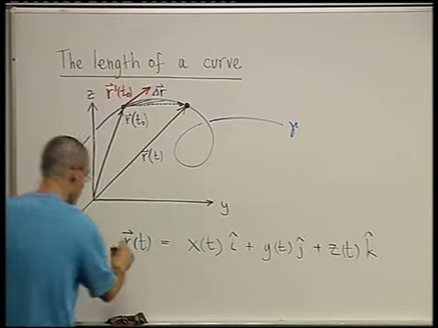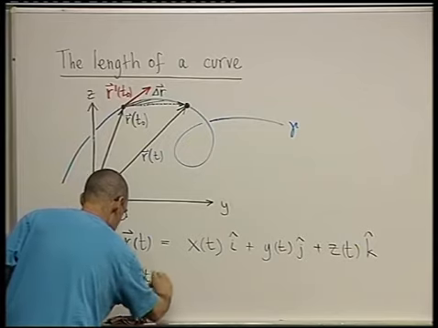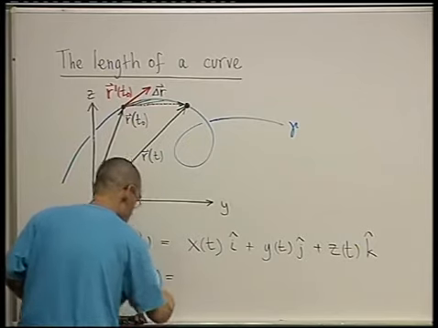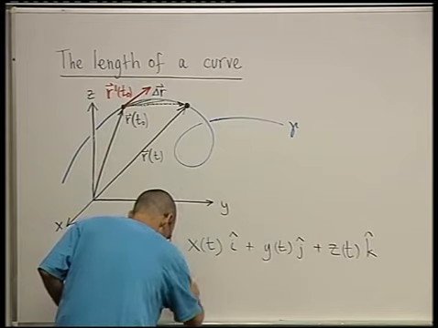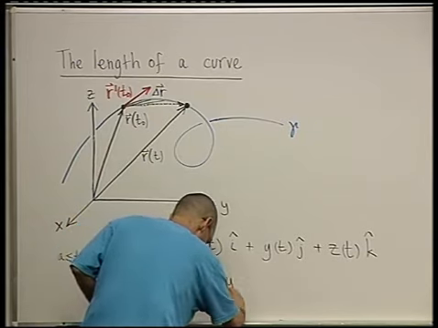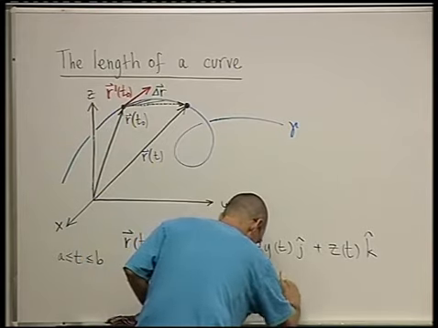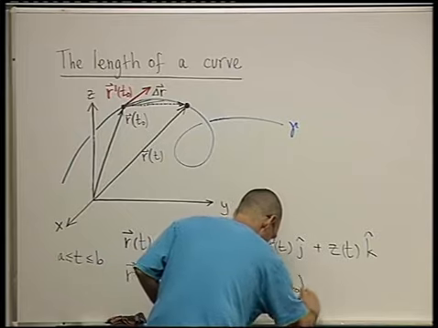So r prime at t0, which is the vector. Let's write it in the other notation. x prime at t0, y prime at t0, and z prime at t0.